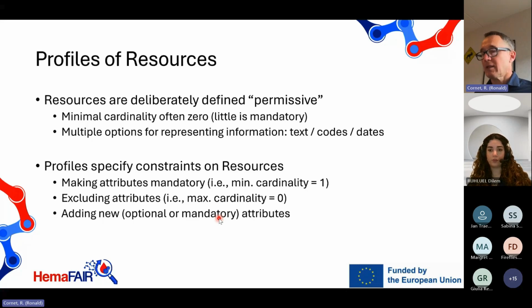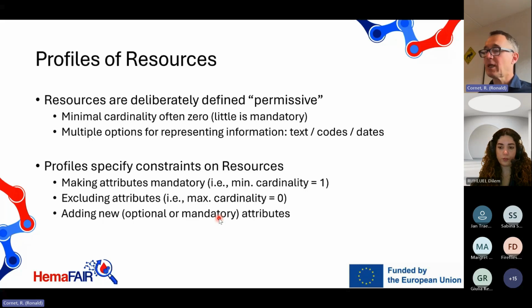And that means that if in a concrete situation you want to exchange information, or maybe also for a concrete resource, you may want to be more restrictive. And that's where profiling comes into place. So in HL7 FHIR, you can specify profiles which provide constraints on resources.